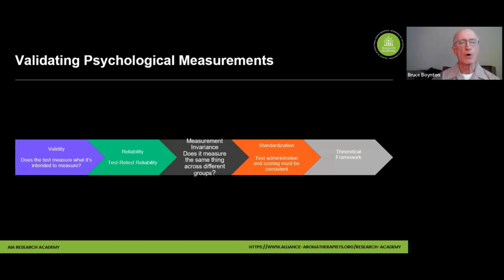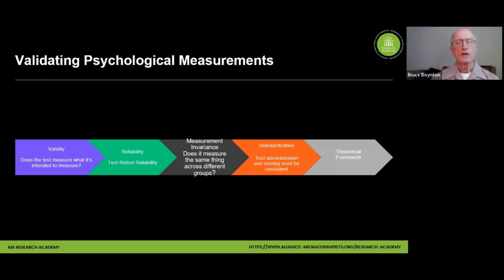Is the test reliable? That has to do with if you take the test one day and then you take the test the next week, the test scores should be somehow related. If they're wildly different, then that test may not be reliable.